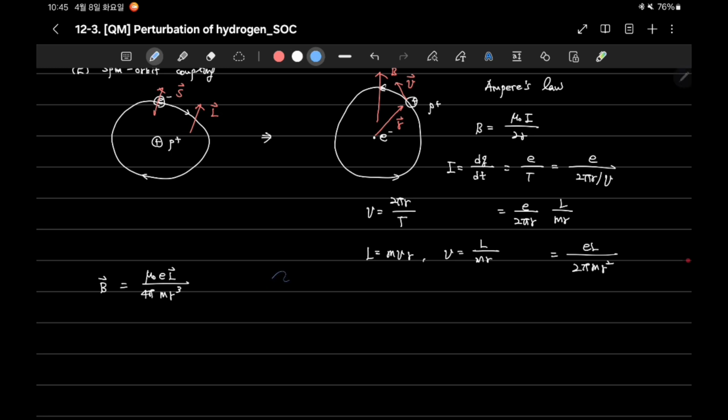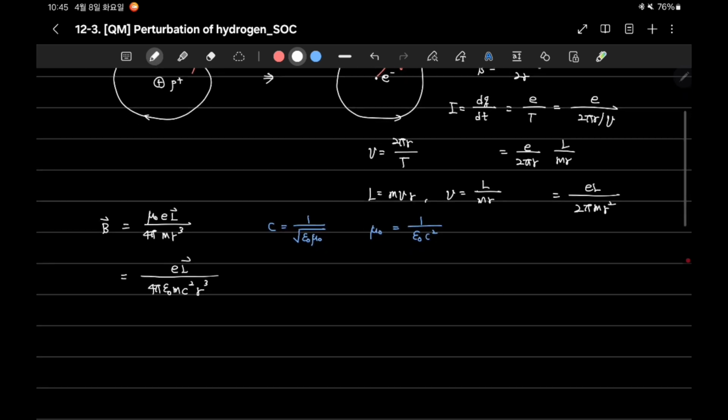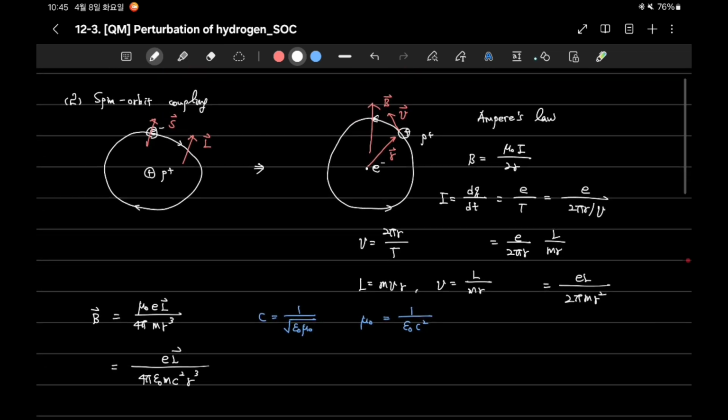We already know that c is 1 over the square root of epsilon 0 mu 0, so mu 0 is 1 over epsilon 0 c squared, and mu 0 can be replaced like this. So B is eL over 4 pi epsilon 0 m c squared r cubed. In this case, the magnetic field is generated by the proton.